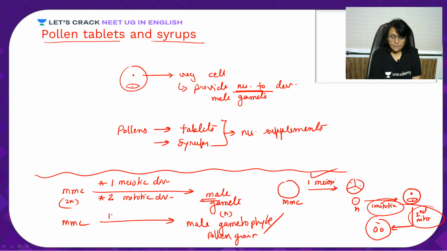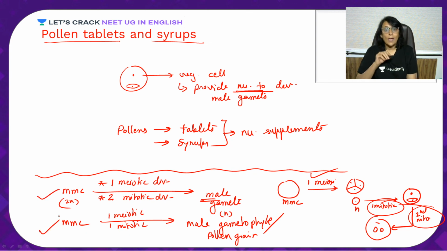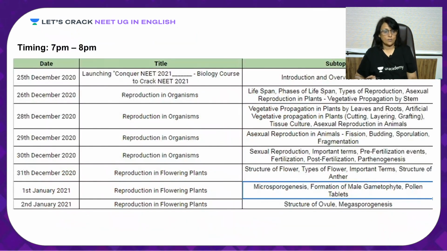So here our answer is going to be 1 meiotic and 1 mitotic division. So questions are asked in this manner also, and that is why we have to understand the entire process in detail, and that is when we are able to answer such type of questions.